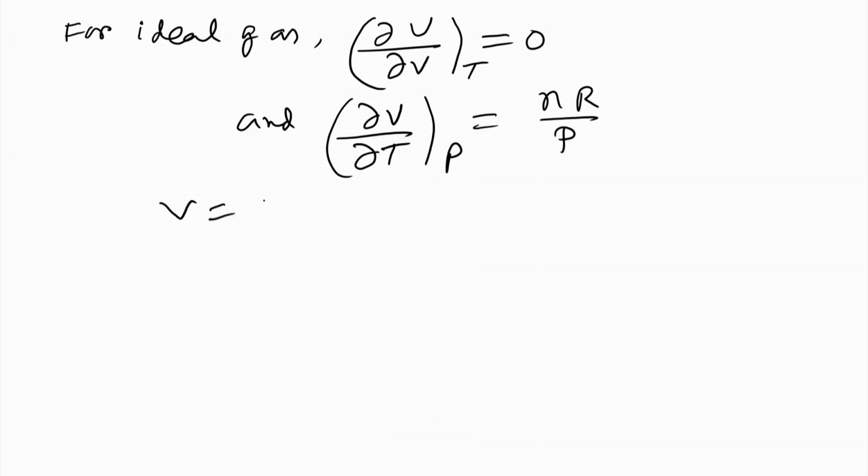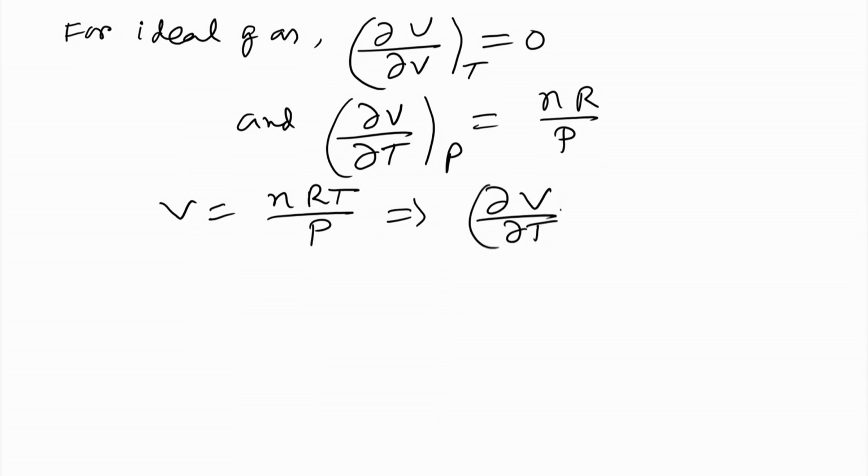So, V is nRT by P, which gives you del V by del T at constant pressure as nR by P. So, for ideal gas when there is no temperature change, there is no internal energy change. Okay.